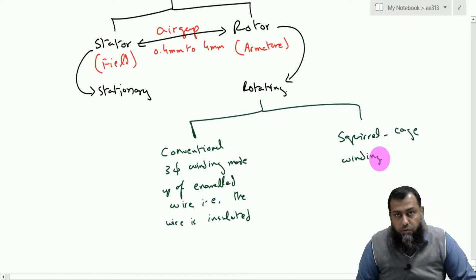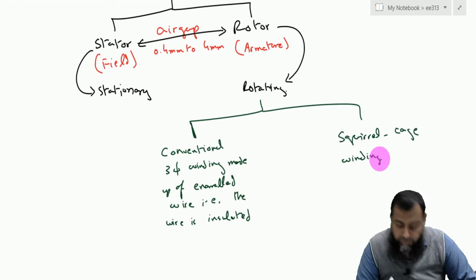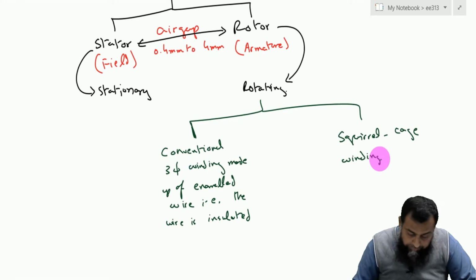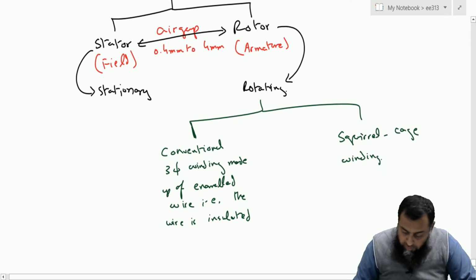Based on these two types of rotor windings, induction machines can be classified into two different types.